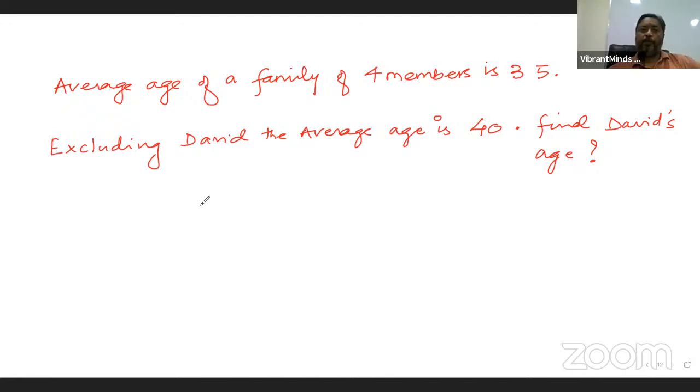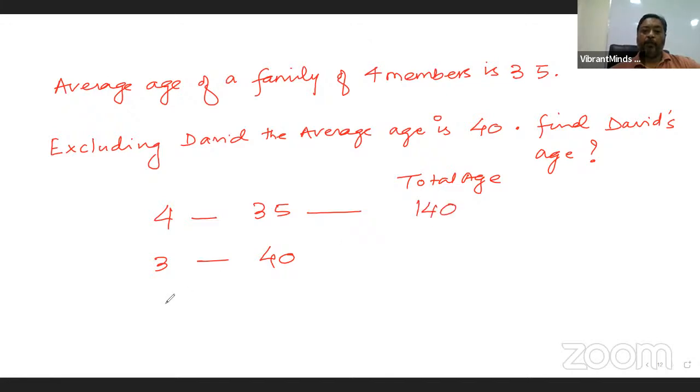What we have? 4 members. Average is how much? 35. Now when David is excluded, how many members? 3. What is the average now? 40. So how do you find David's age? 4 into 35, the total family age will be 140.